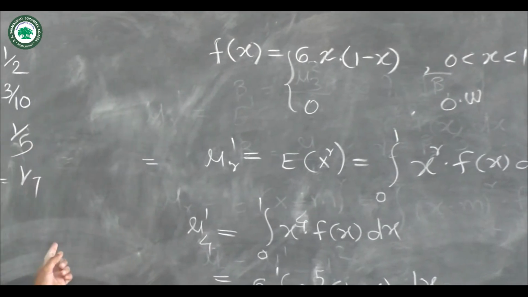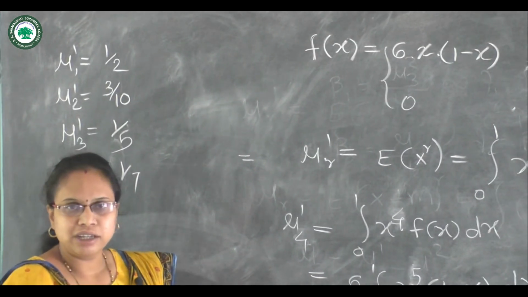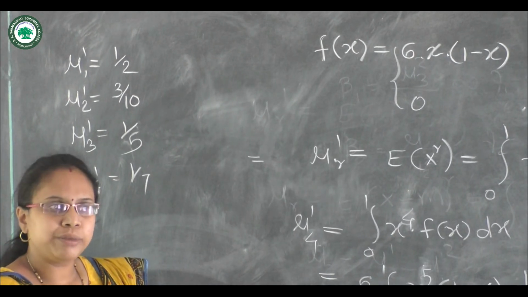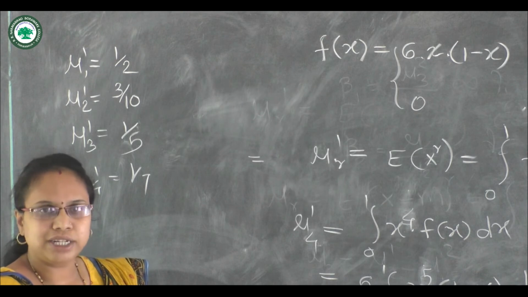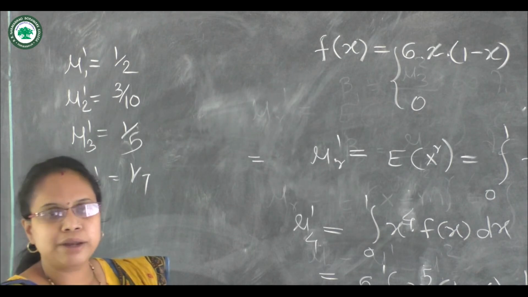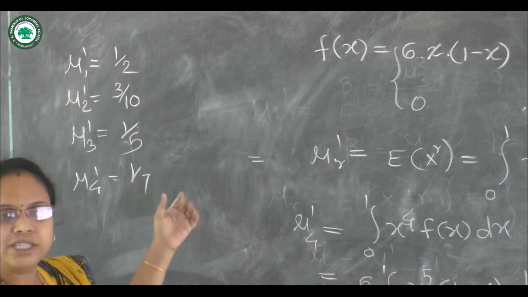So we have taken here the 4 raw moments, and by using the formulas which I have told earlier, we can find out the central moments. We can find out central moments by using the different formula, that is the expectation of (x minus m) raised to r. But here, if we have these moments, then we can easily find out the central moments.